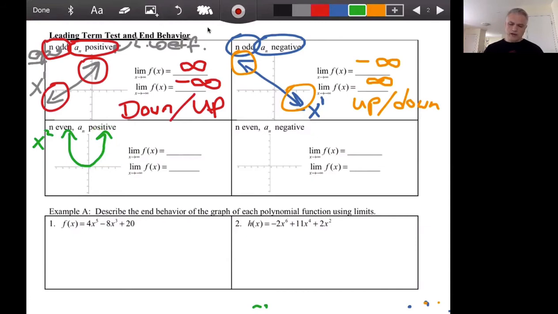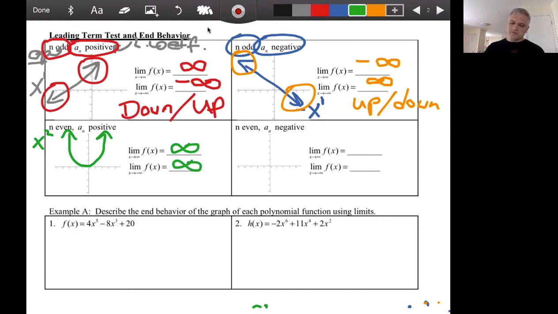So if it's going up, it's approaching infinity. As x approaches negative infinity, what is your limit of f of x, or where is y going? Well, to the left, it's still going up. So as I go to the left end, it's up. If I go to the right end, it's up. So infinity is the limit on both sides.